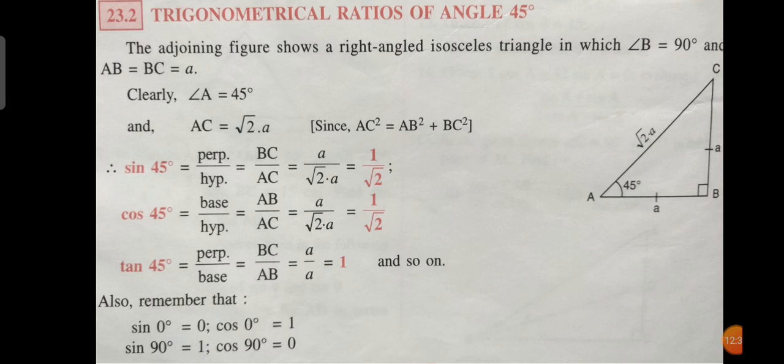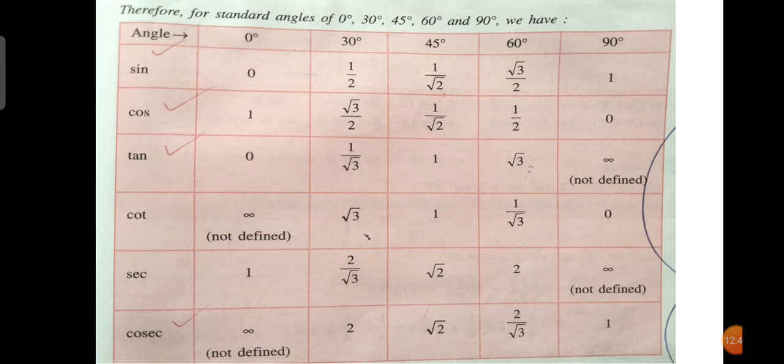Next, the standard angles 0 degree, 30 degree, 45 degree, 60 degree and 90 degree are shown in the form of a table. It is very easy for you if you have studied this table by heart.